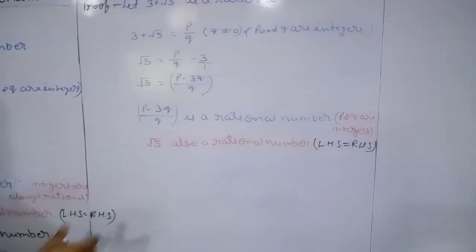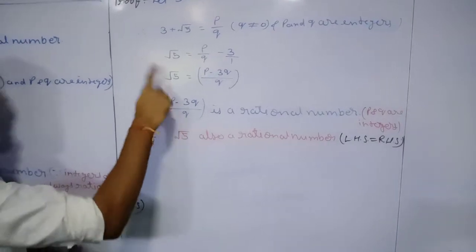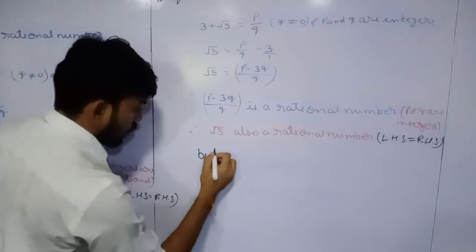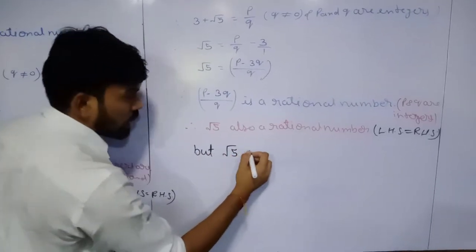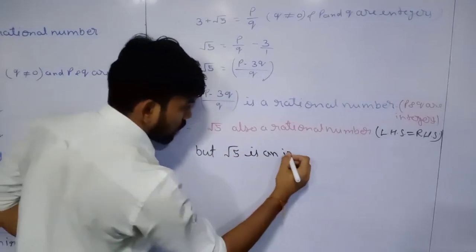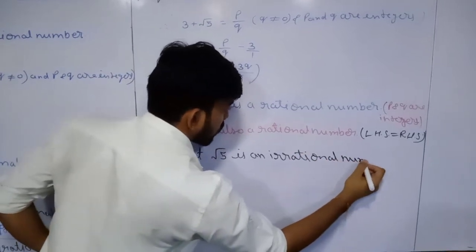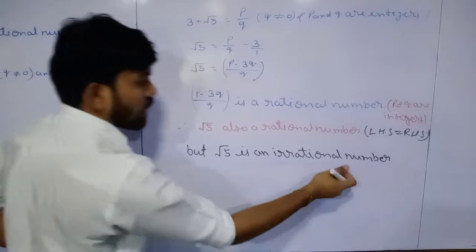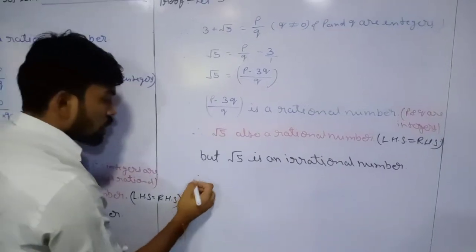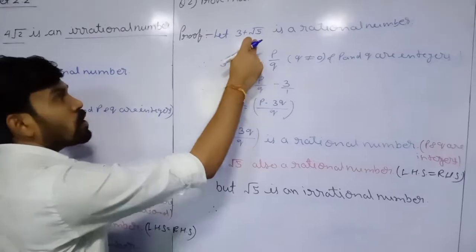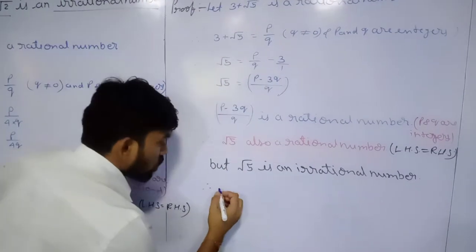After that, if we say this is a rational number, but we know root 5 is an irrational number. Root 5 is an irrational number. Therefore, what we assumed over here, 3 plus root 5 is a rational number, is wrong.